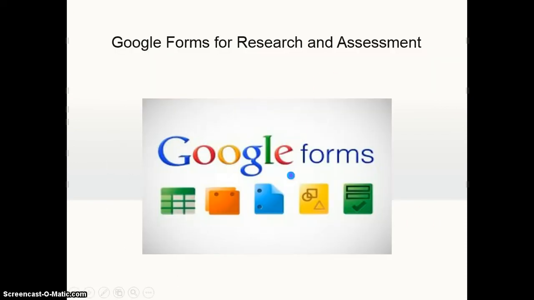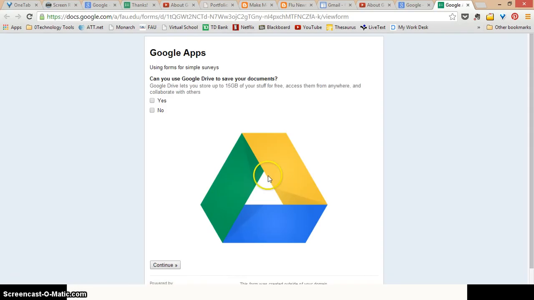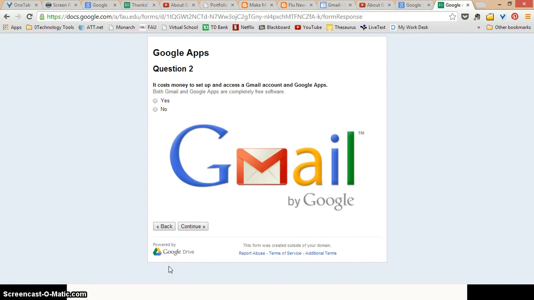Let me show you really quickly an example of Google Forms, what you might do with it. This is something I created really quickly, and I called it Google Apps. It's the title. Can you use Google Drive to save your documents? We said yes, so we'll press continue. Question 2, it costs money to set up and access a Gmail account in Google Apps, and we said no, it's freeware. And you see how you have some nice graphics in here?